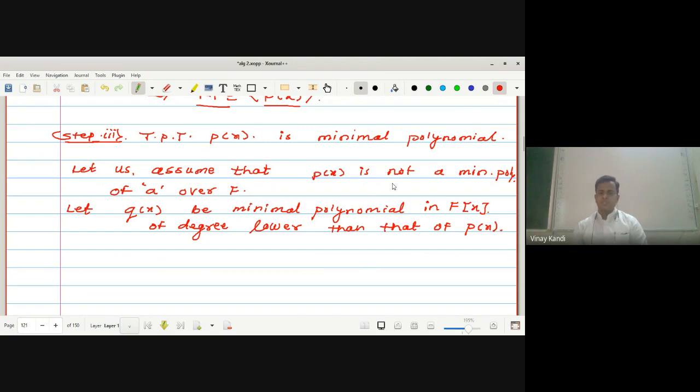Okay, if P of x is not the minimal polynomial, then there will be a Q of x of lower degree which is the minimal polynomial of a over F, satisfied by a.